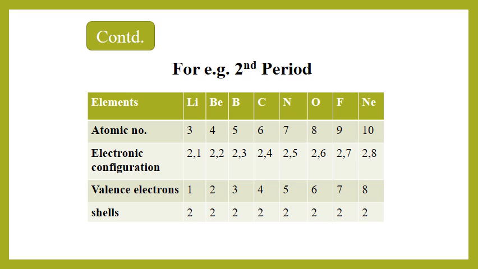See, these elements have their atomic numbers, and these atomic numbers keep on increasing on moving left to right in a period. And you can see their valence electrons also keep on increasing but the number of shells remains the same.